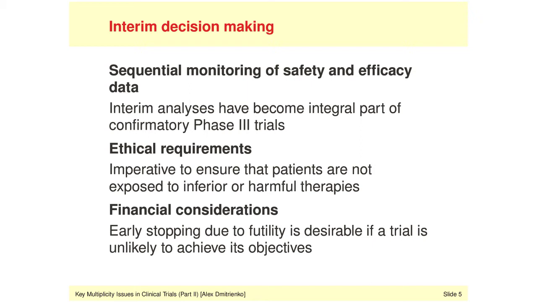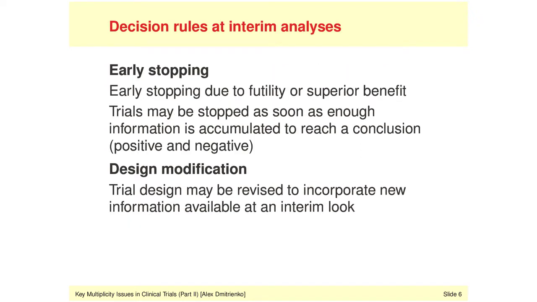From a financial perspective, to make the optimal use of research and development dollars, early stopping due to futility would be generally desirable if a trial is unlikely to achieve its objectives. To continue and also to elaborate a bit, an option to stop a trial at an interim look is a very important option in group sequential and also in general adaptive trials.